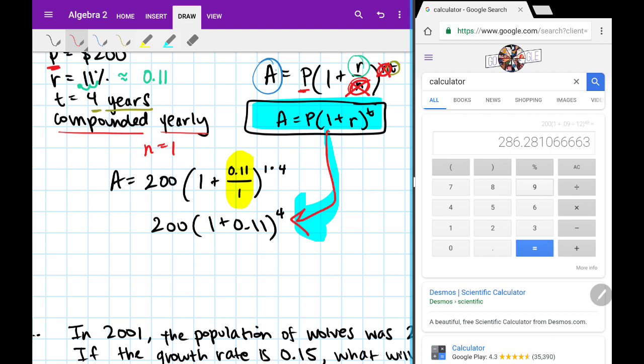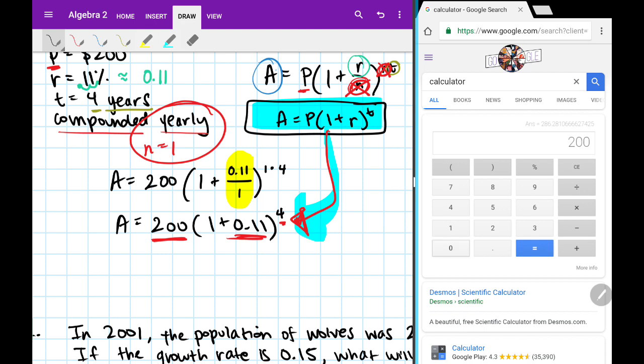So whenever you see annual, you can just jump straight into the second formula whenever it's compounded yearly or annually, once per year. All you have to do is plug in your P, plug in your R, and plug in the number of years. So we're going to just plug this into our calculator and finish the problem. So I want to see what A equals.